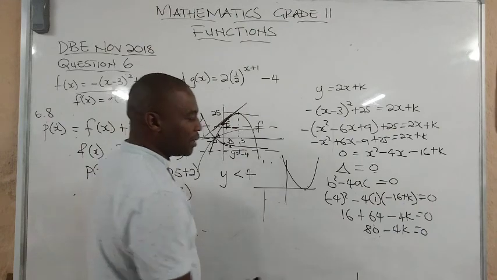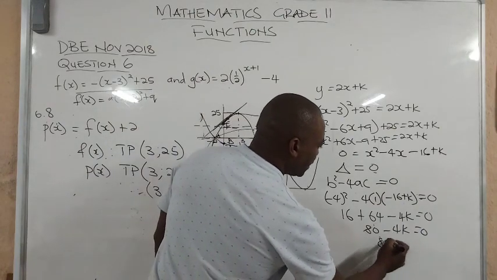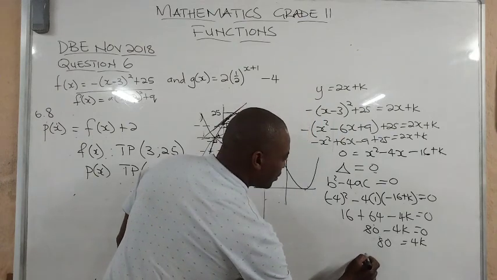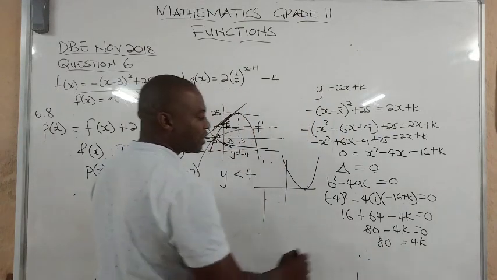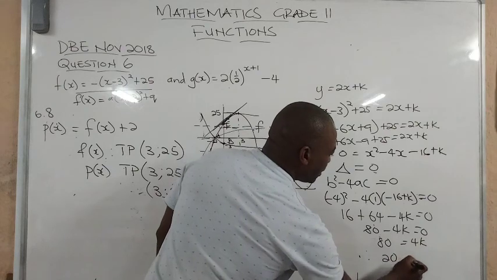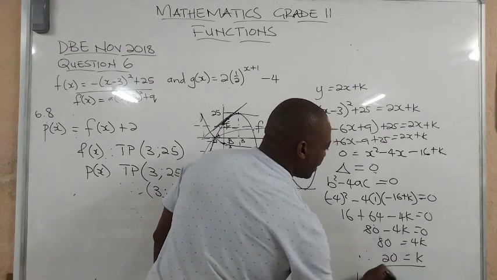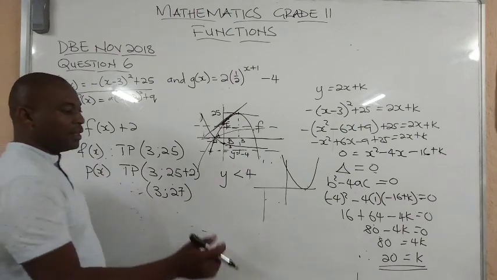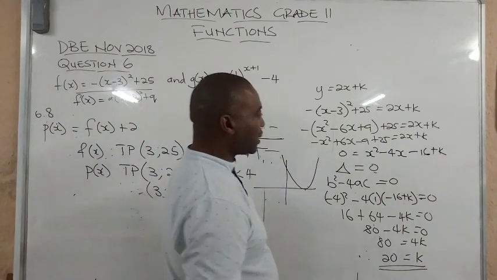You can take 4k to the right, that is 80 is equal to 4k. Therefore, we divide by 4 both sides, that will be 20 is equal to k. So the value of k in this case is 20.